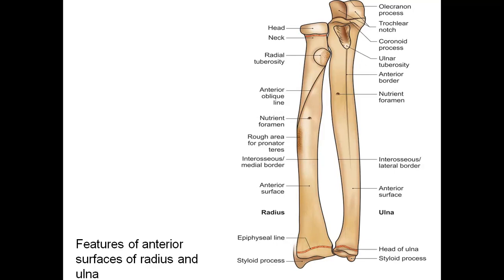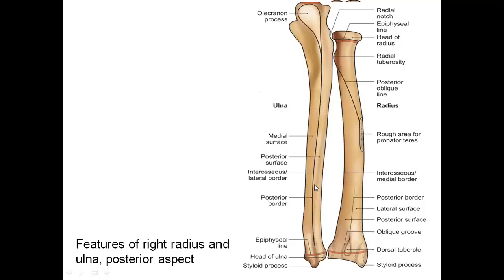So what are the various borders we have? One border seen from the anterior aspect, you call it the anterior border. Then the other border, moving from the medial side, is the medial border. And then we have one more border which we will be seeing from behind, that will be the posterior border.